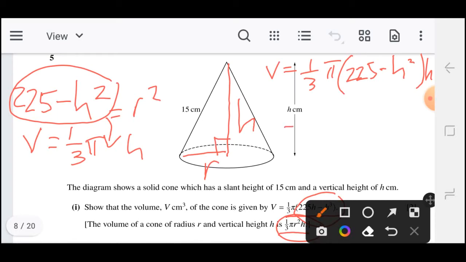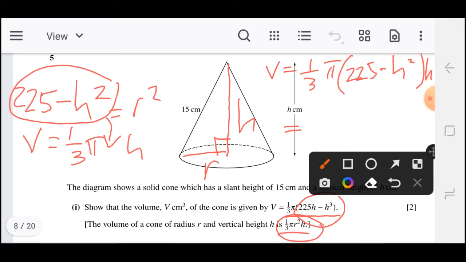So this will simplify to give us that there.